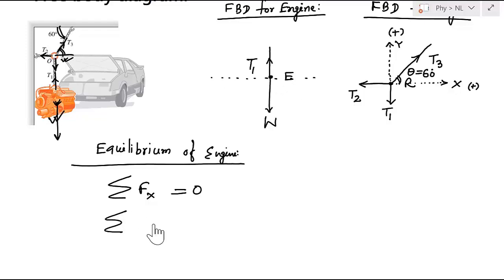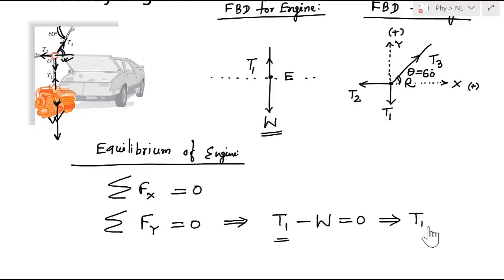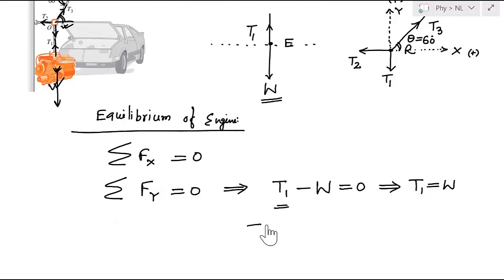Now if I consider summation of all the forces in the y direction is equal to 0, this will give me, in the vertical direction I have a force T1, and this is an upward direction, that's why we have taken positive. Now downward direction we have a force W, and that is negative because this is in the downward direction. So this gives me tension T1 is equal to W. So we calculated one part, that is T1 is equal to W.